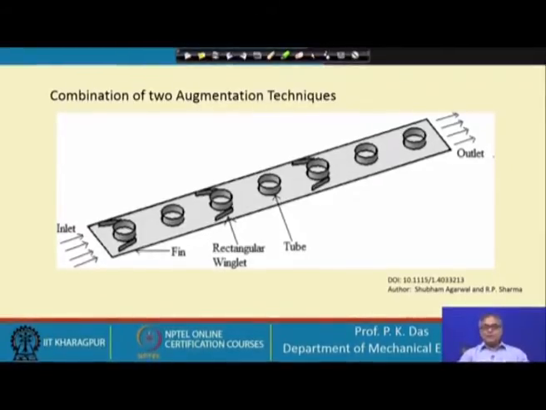Let me give some sort of concluding note for whatever we have discussed. Though we are calling passive technique one that does not need any kind of auxiliary power, most passive techniques will have an increase in pumping power.